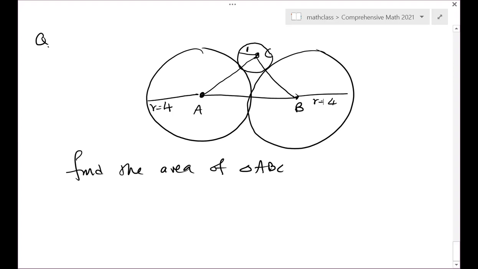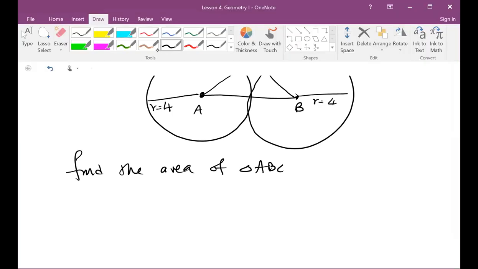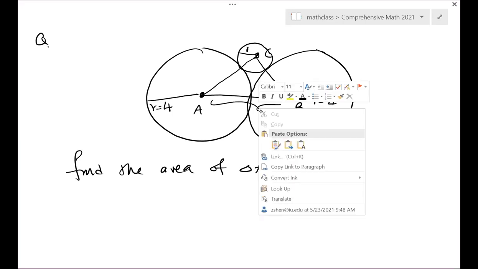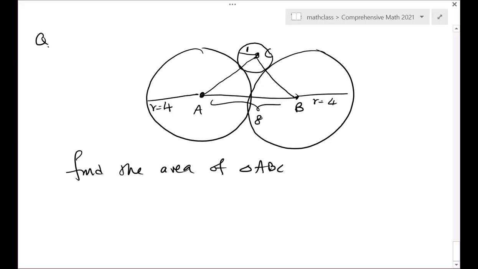All right, I see some of you got answers. So this is a triangle, and you have to find out the side lengths. The base is going to be 8. This side is 1 plus 4, which is 5.